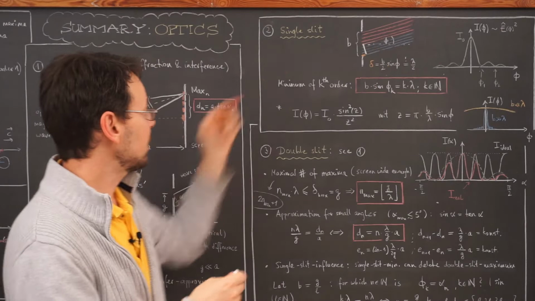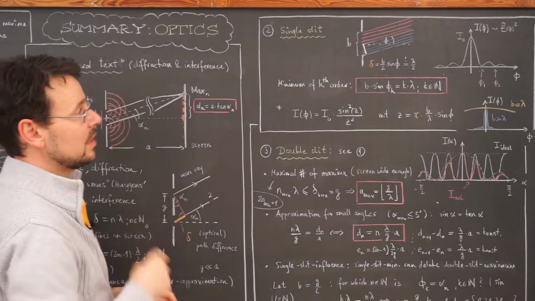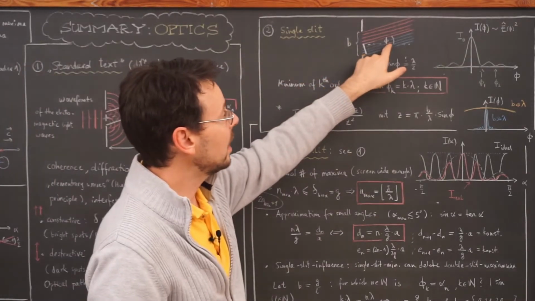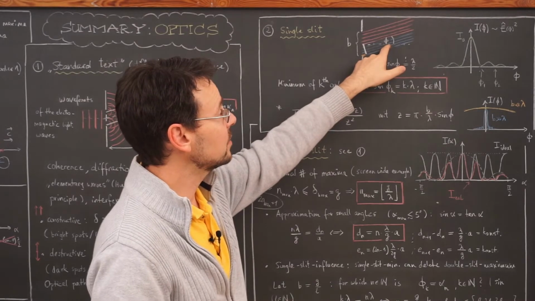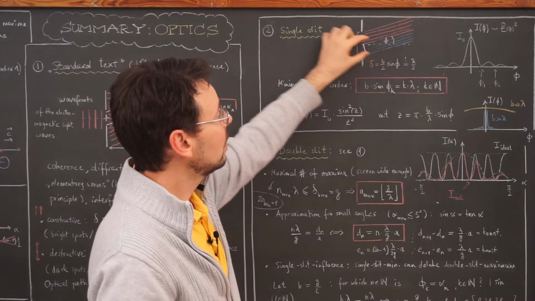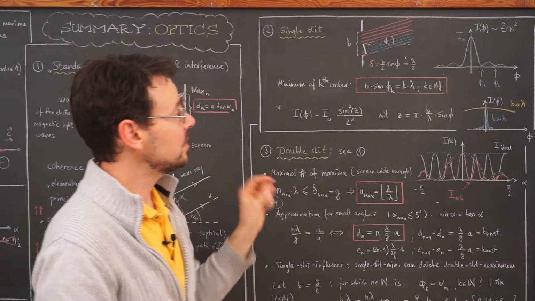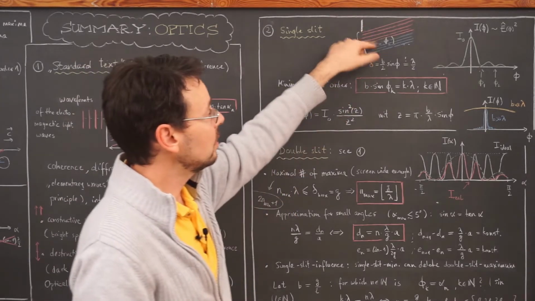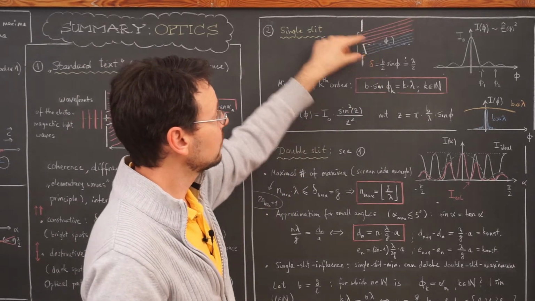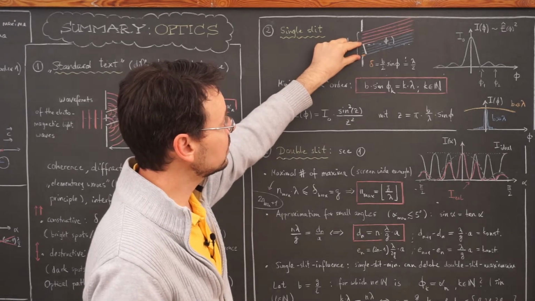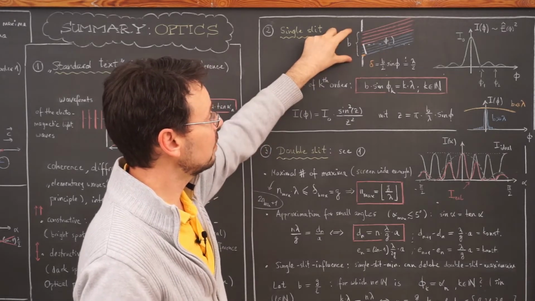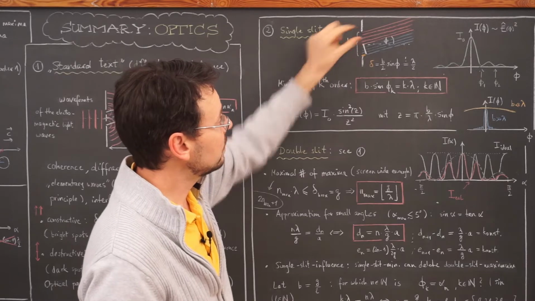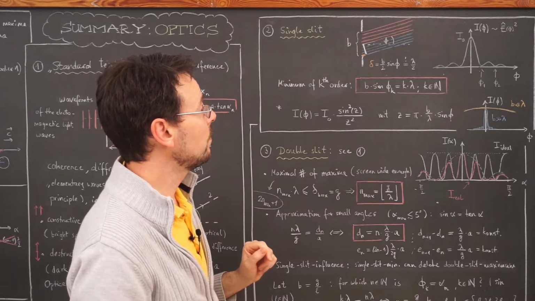And here are some wave rays of these elementary waves in a certain angle direction. The angle here is called phi. And now I split up all the wave rays in two bundles, here red and blue, such that this is B, the width of the slit, B over 2, and this is also B over 2.